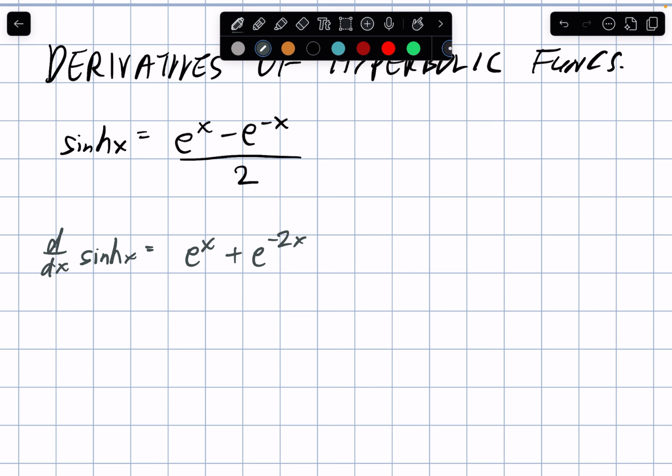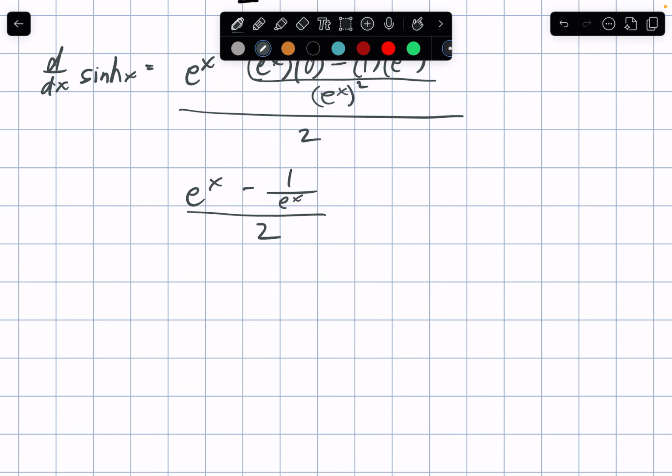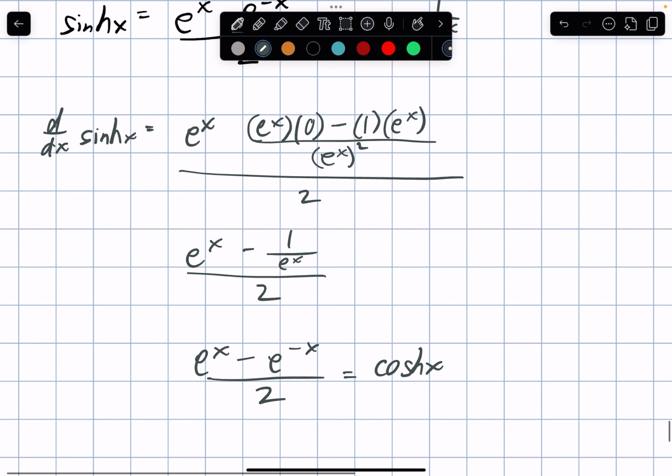How do we apply the power rule here? Okay. So this is equal to cosh x also.